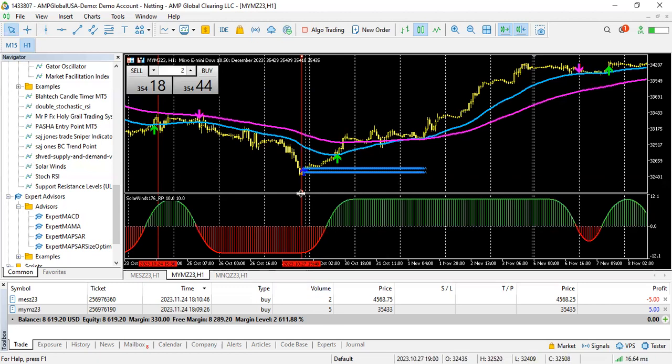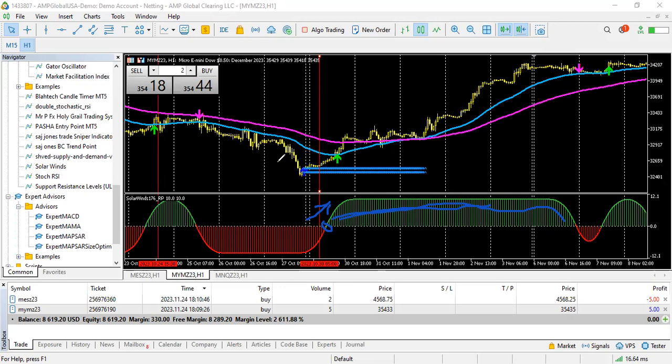So we have to wait until the solar wind breaks above the 0 point and starts painting us a green buyer's signal. This is what you want. You want it to cross above.